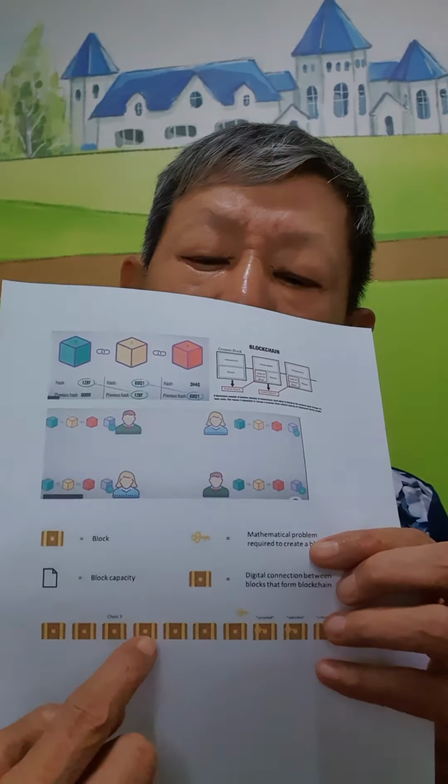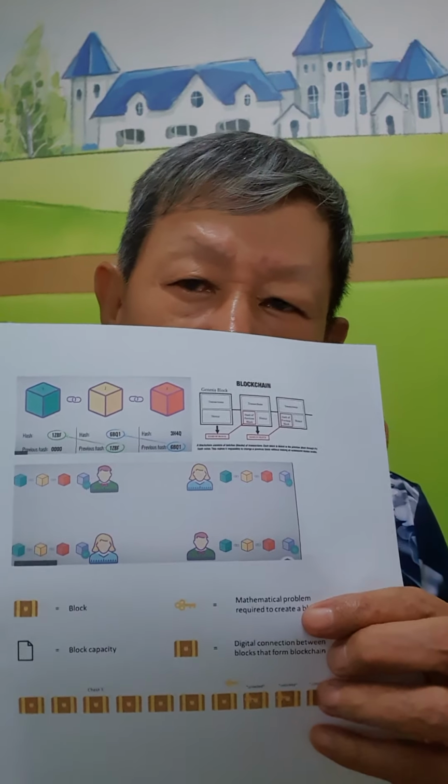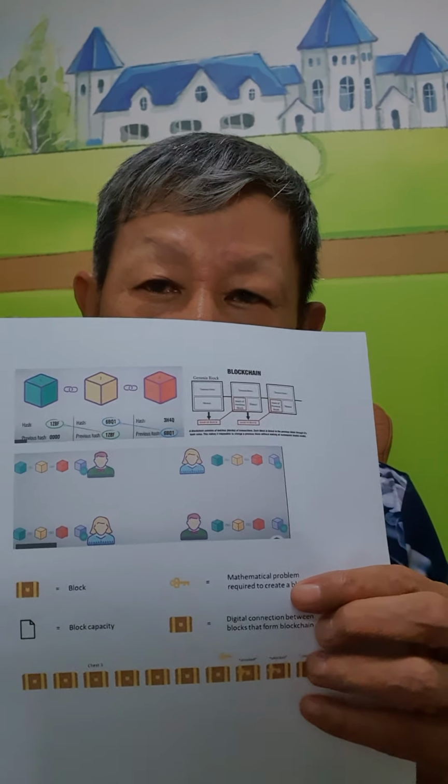And the system is always counter-checking each other. Majority consensus. How can you change one computer's block and then move to the next computer and try to change and hack as many computers as possible in the network? Whatever you do, the system counter-checks, and the majority wins.